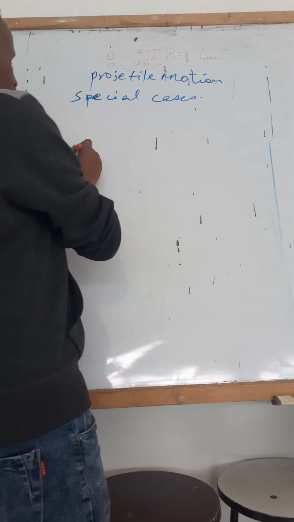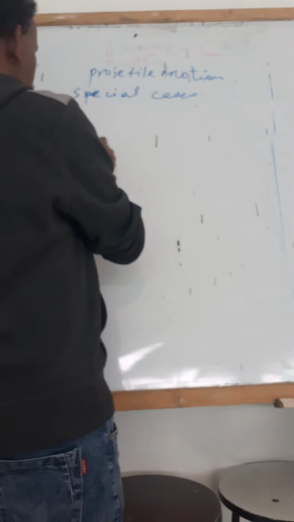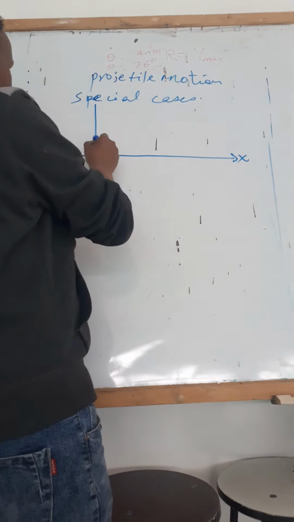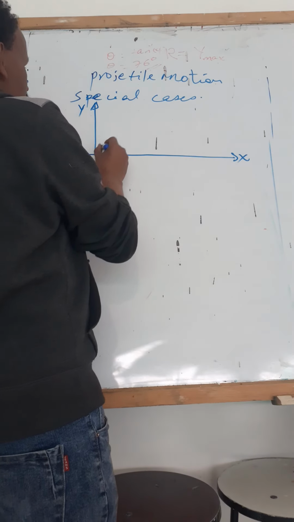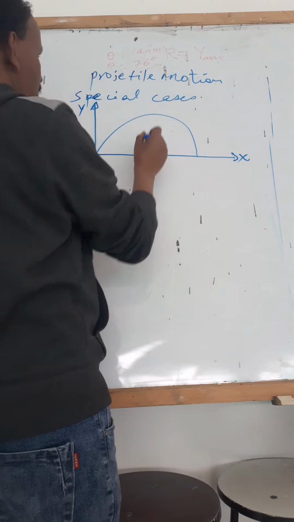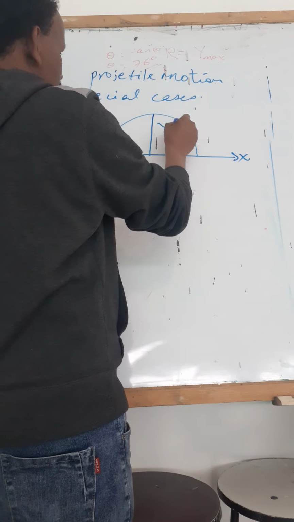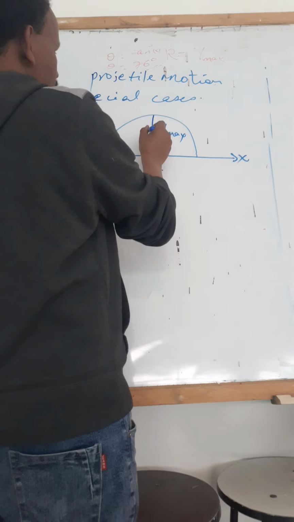It may be a kind of this one, with horizontal axis x and this vertical axis y, and you may have y max and range.